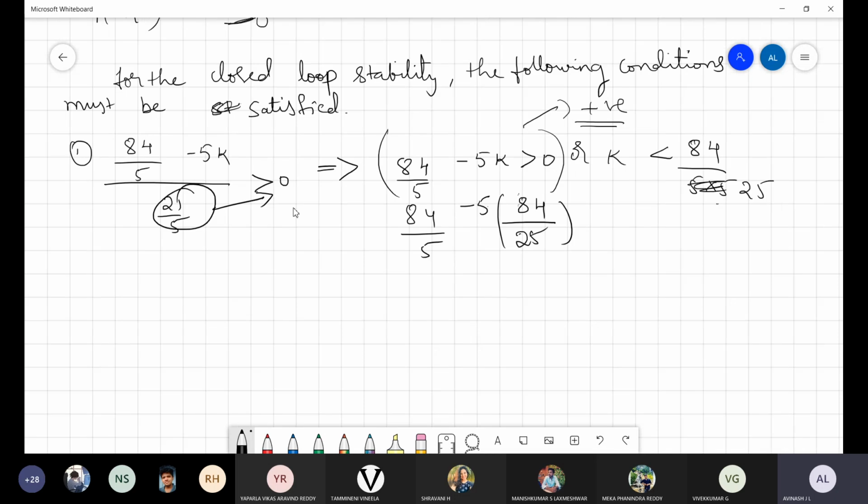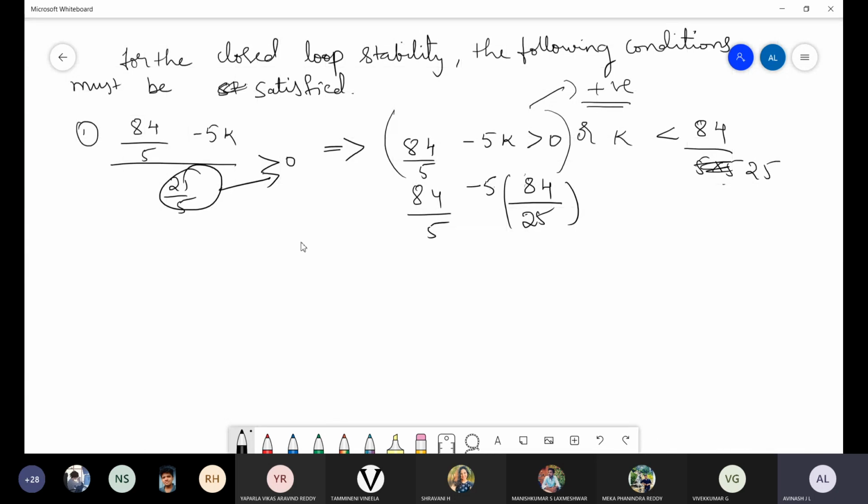So all of you make a note of it. After doing this one, the next condition we will see. The second condition is that the k value must be greater than 0. So now the k value must be greater than 0 and it should be less than 84 divided by 25. So what is the range?